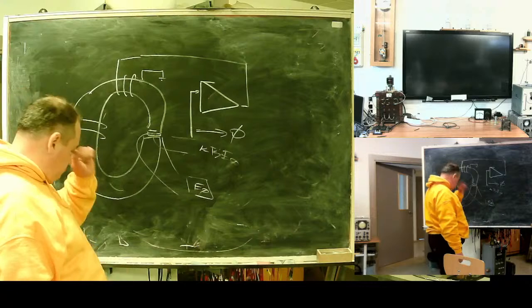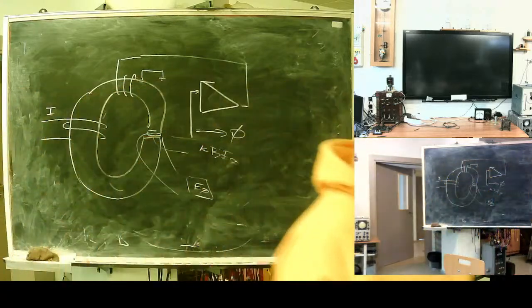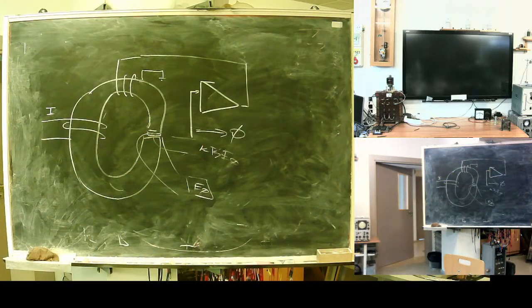In reality, with the help of this rheostat, at least once a year you need to check for zero offset and adjust it.